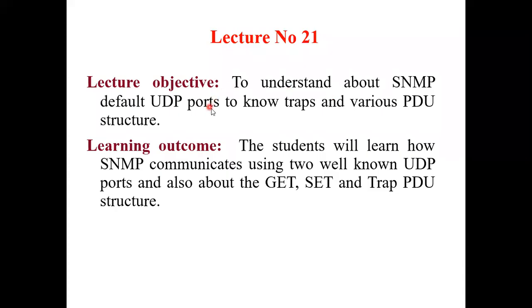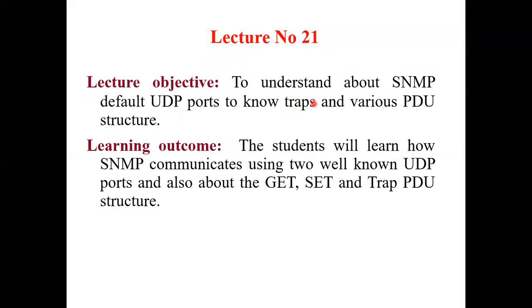We will learn a little bit about those two ports, how the manager and agent communicate, and then we will know about the various traps. In the SNMP version 1 architecture, we had seen that the agent and the manager communicate using those 5 messages. One of the messages, a trap message, is sent by the agent to the manager.